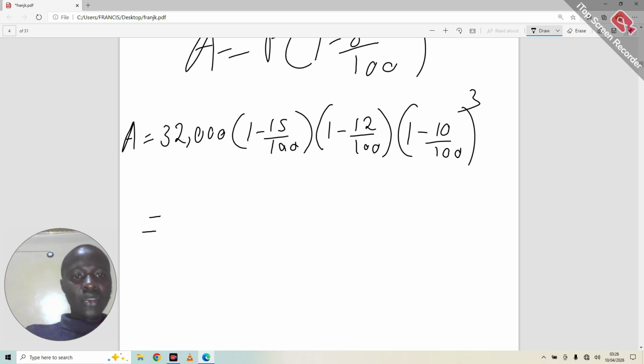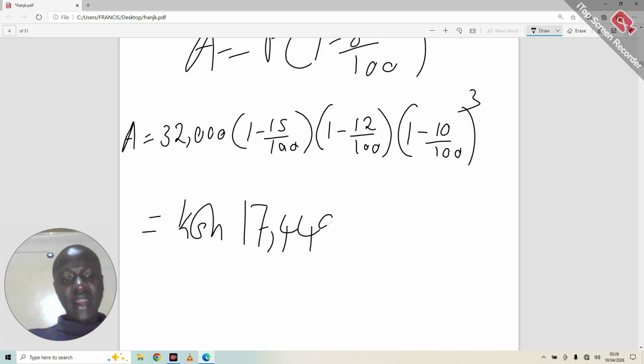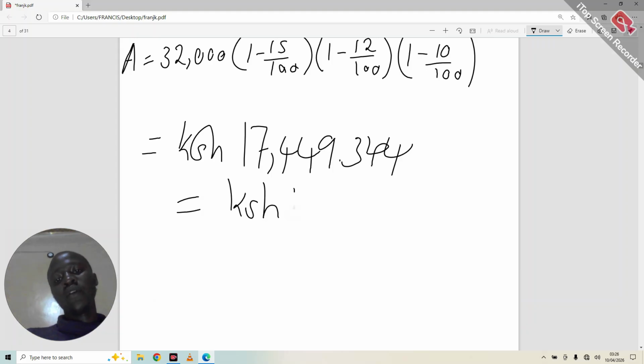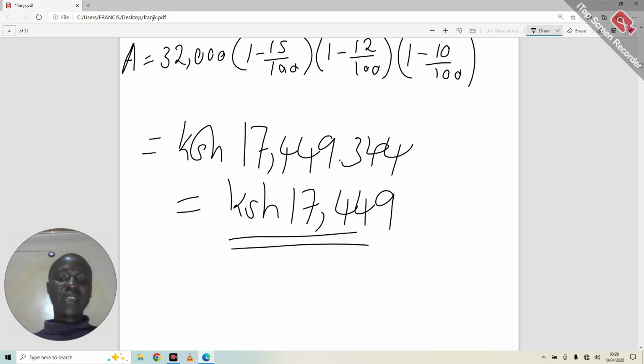So we shall have our answer as 17,449 shillings, 344 cents. Remember, when it comes to shillings, it is advisable to leave your answer as a whole number. Remember, you only write this after you've written this first part.